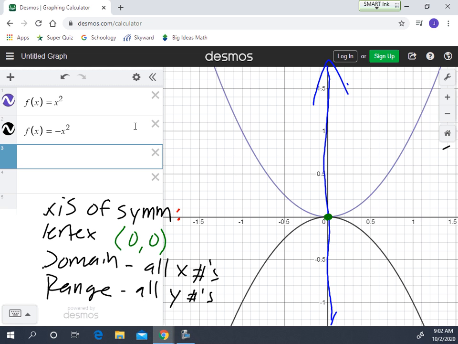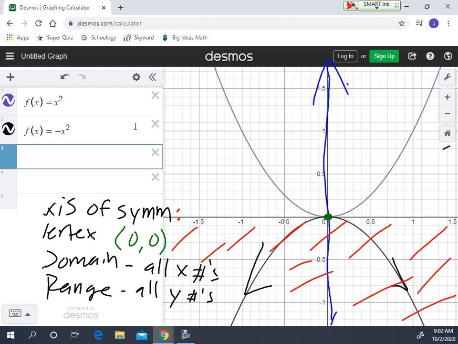Does our domain change? It's still negative infinity to positive infinity. The only thing that changes here is our range, because it's all negative numbers and 0. So our range is y is less than or equal to 0.